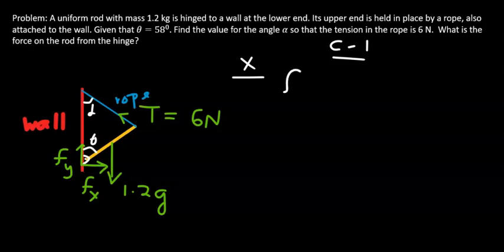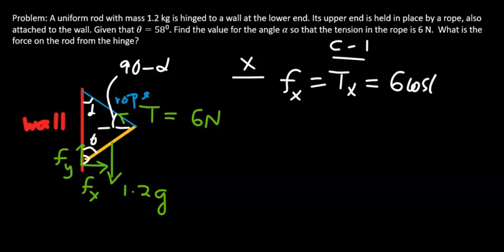So we can immediately set F sub x equals the horizontal component of that tension. Let's call it Tx. But Tx is 6 newtons cosine of that angle. And what is this angle? That is just 90 minus alpha. So you get F sub x equals 6 cosine 90 minus alpha, which is just 6 sine alpha. So there we have it. Equation 1. Fx equals 6 sine alpha.